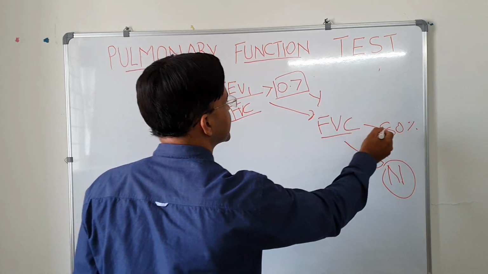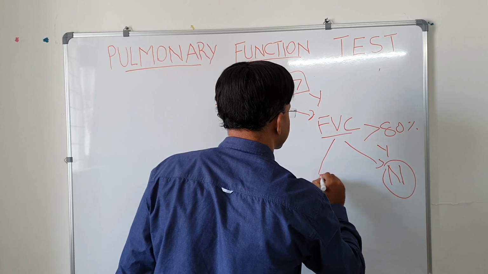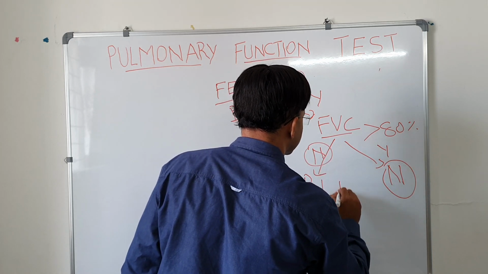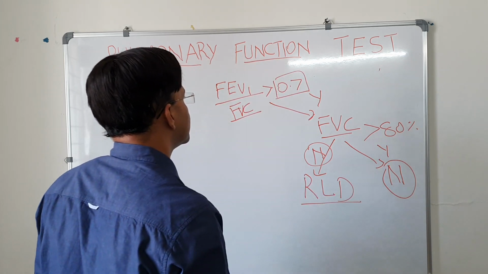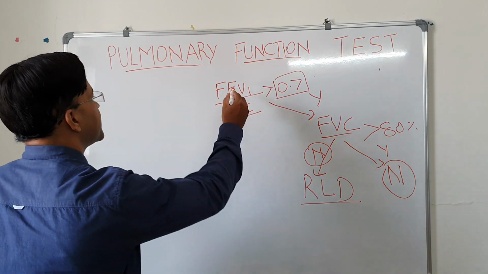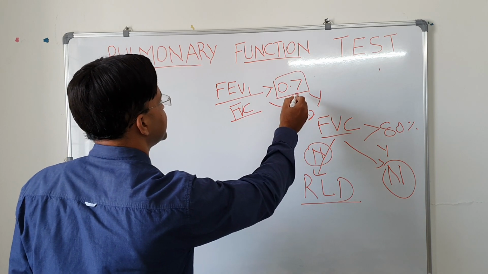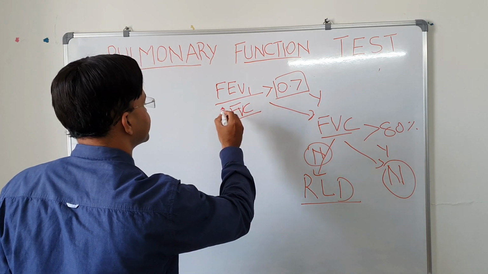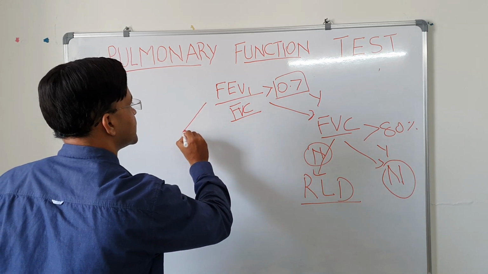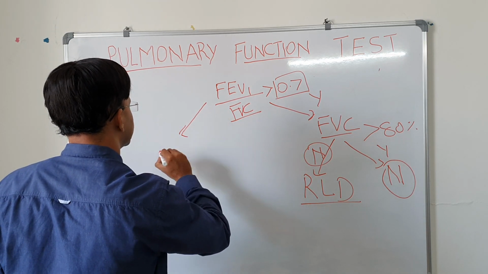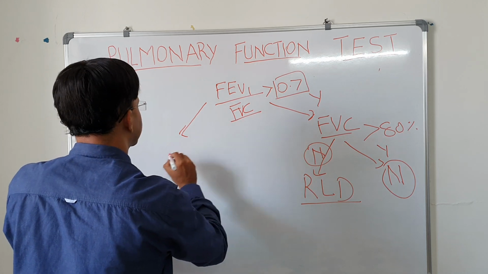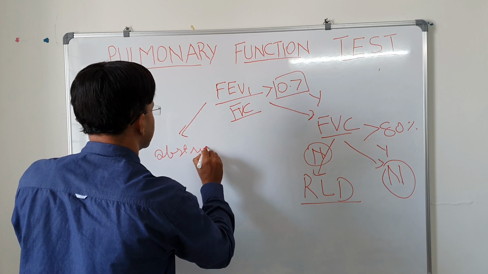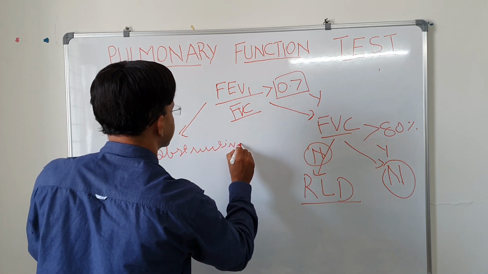Right? If it is not more than 80%, then you have got restrictive lung disease. Okay. If FEV1 by FVC is less than 0.7, then you have got obstructive airway disease.